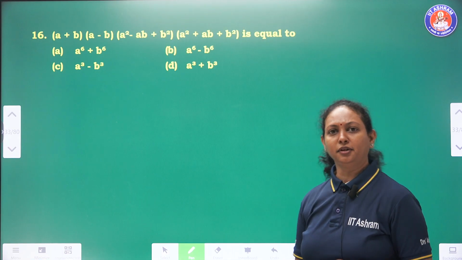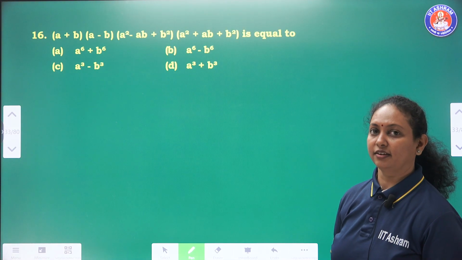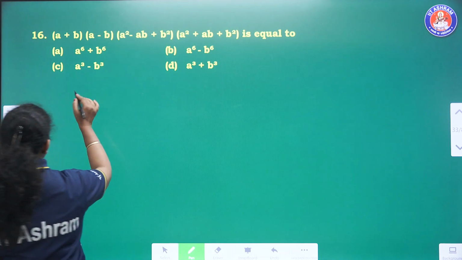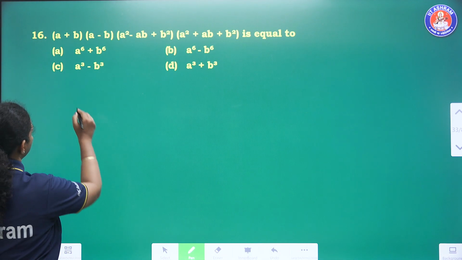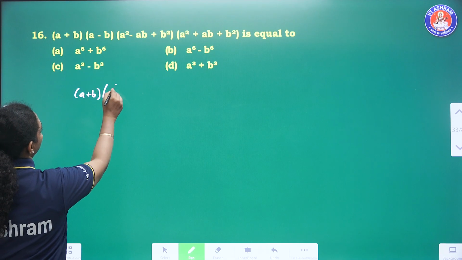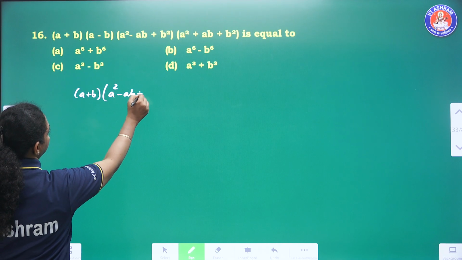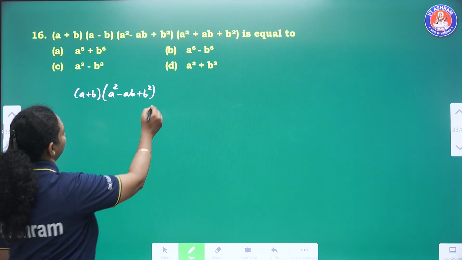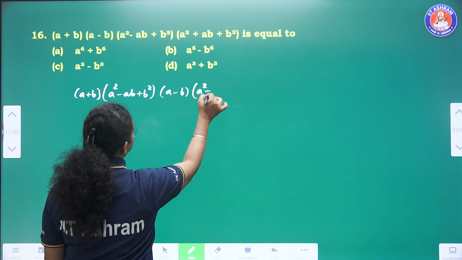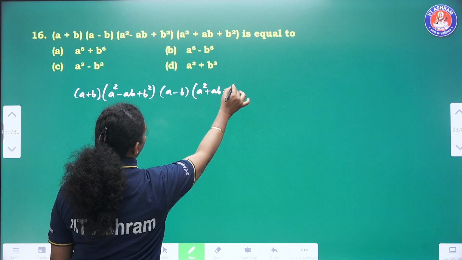Okay, look at the question and recall the identity. Can I write this identity by rearranging it as A plus B into A square minus AB plus B square, into A minus B into A square plus AB plus B square?